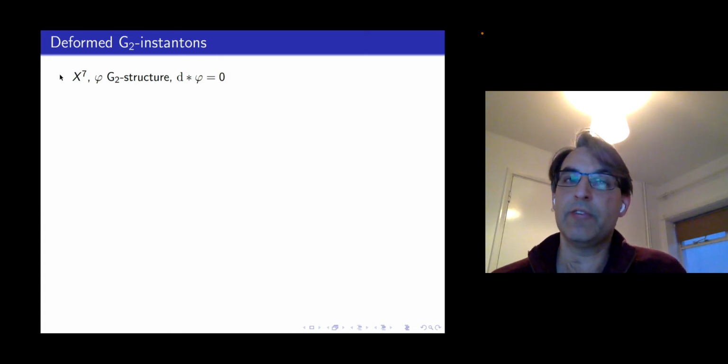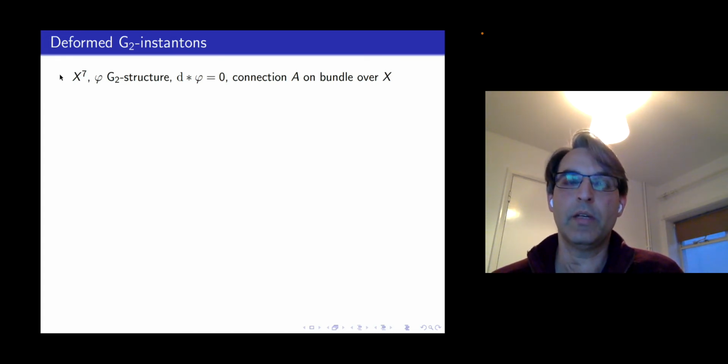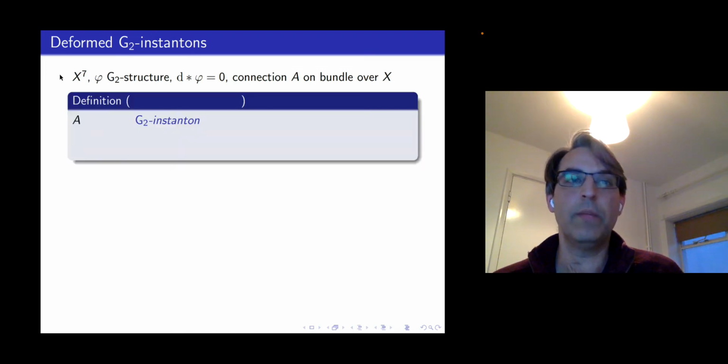And as I said in the introductory talk, we're talking about gauge theory. That means we need to talk about connections. So we're going to take a connection A on some bundle over X. Let's say it's a vector bundle, but it could also be a principal bundle. And then let us recall what it means for a connection A to be a G2 instanton.